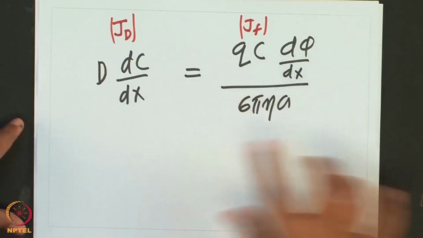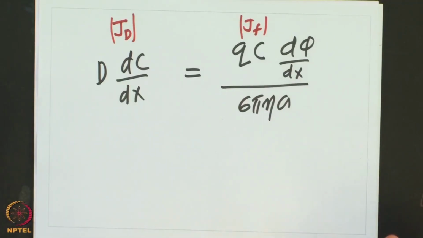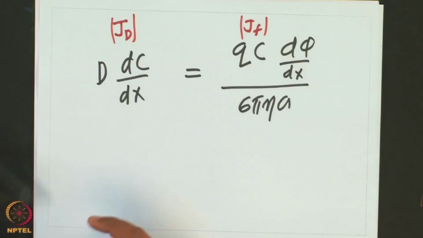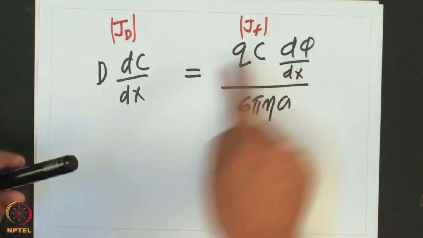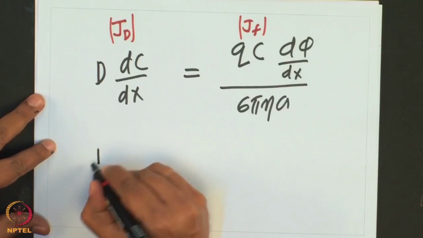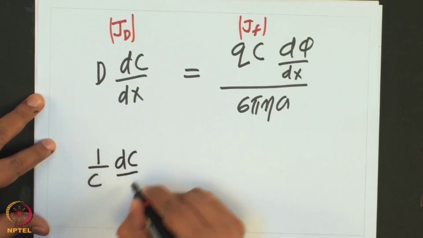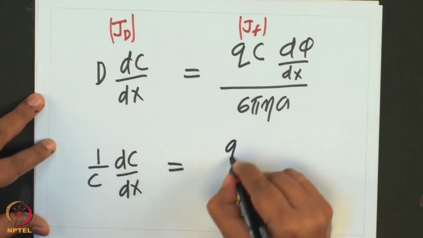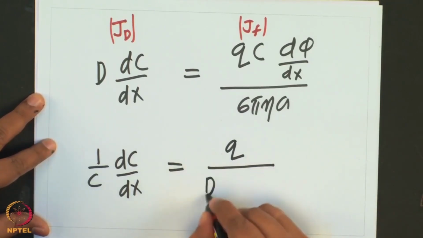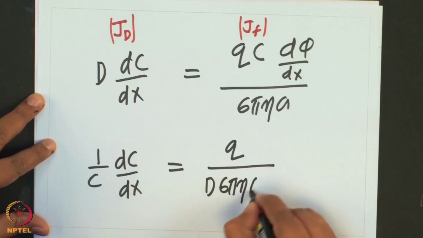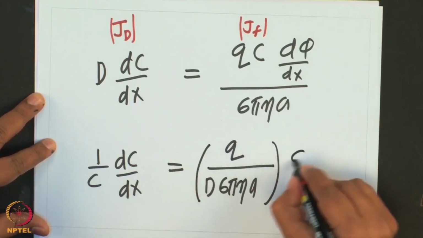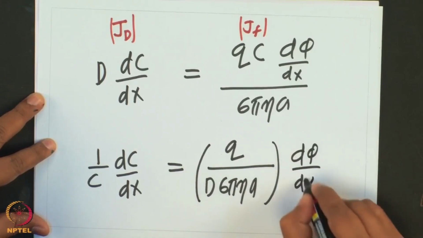Now you would rearrange this a little bit and integrate this a little bit. So I would take C to this side. So let me rewrite this. So I would write 1 over C dC by dx is equal to, I would take everything to the other side, q divided by D 6 pi eta a, these are constants, d phi by dx.